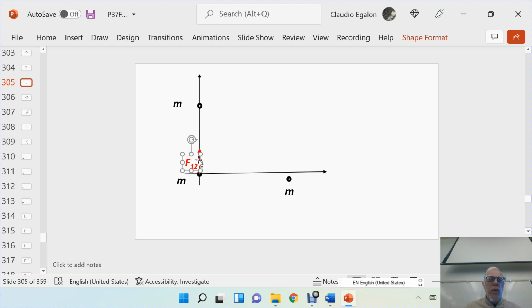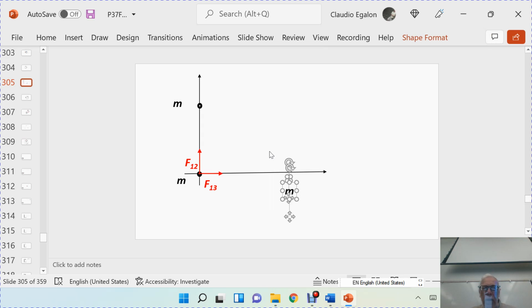And in addition to that, we also have this other force that's due to mass number 3, F13. Those are the types of drawings that you have to make when you solve this problem.